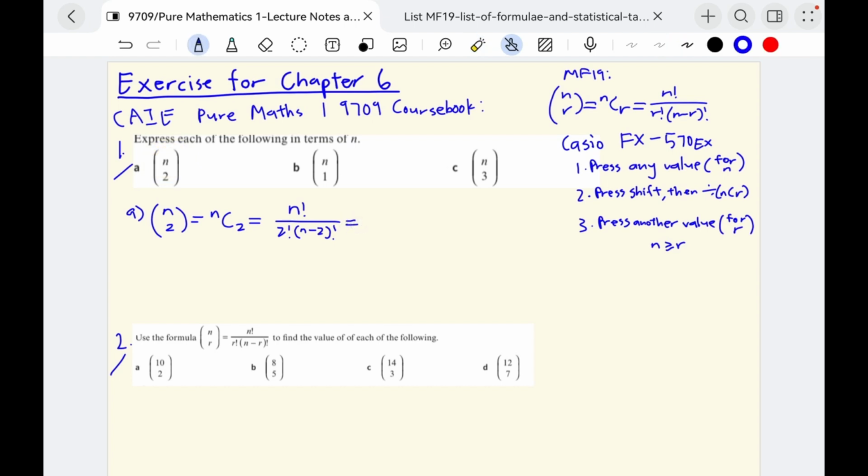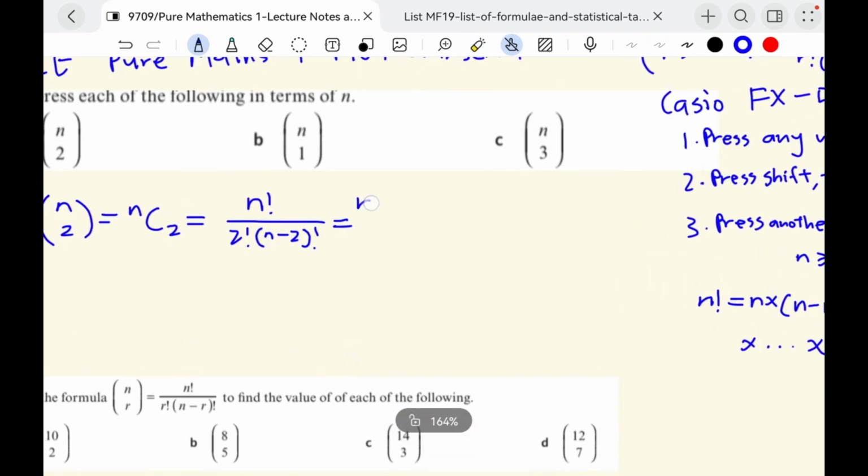So use the definition of the factorial. n factorial equals n times n minus 1 times n minus 2 until you get the multiplication of 1. But since n is unknown, we can only know about these multiplications. Write it like this until you get the same term as the denominator, which is n minus 2 factorial.